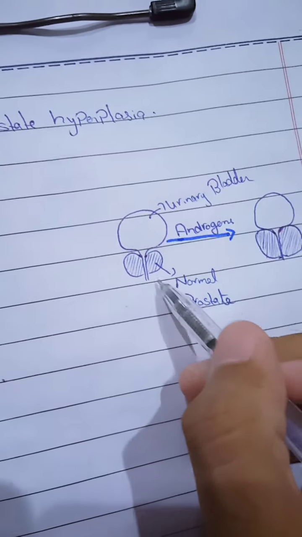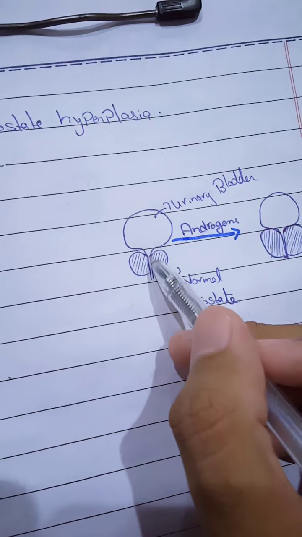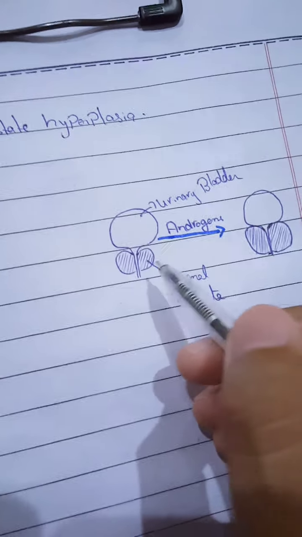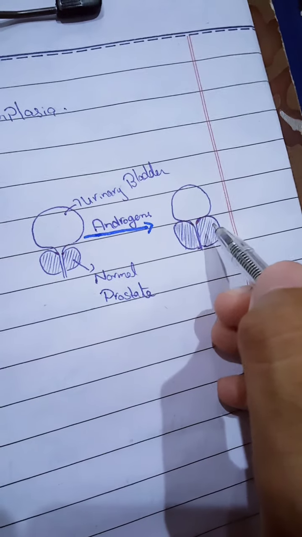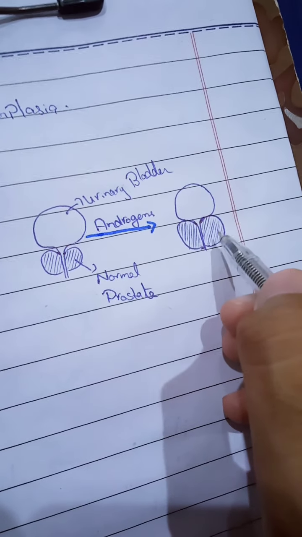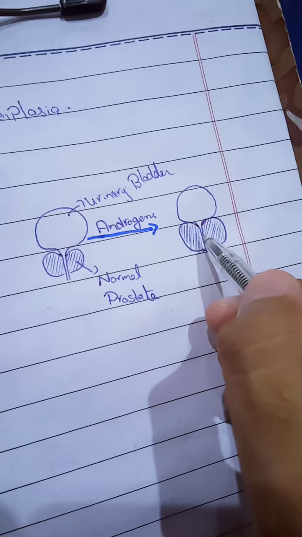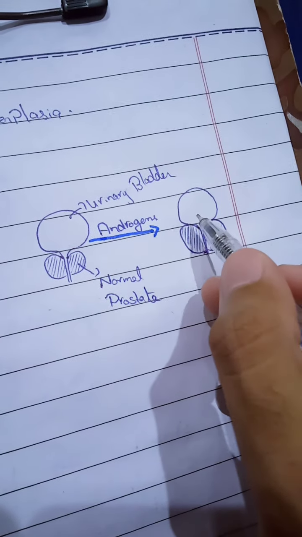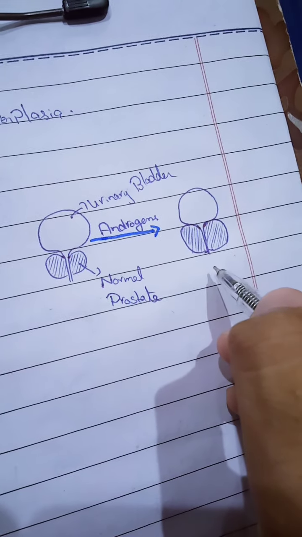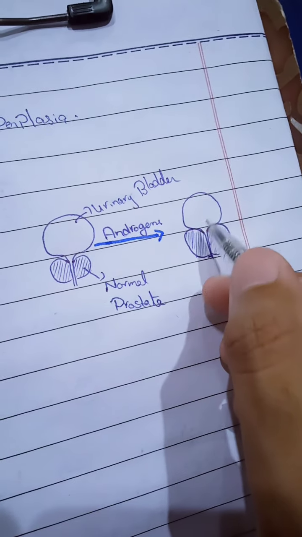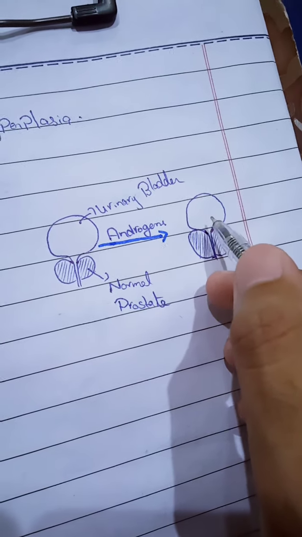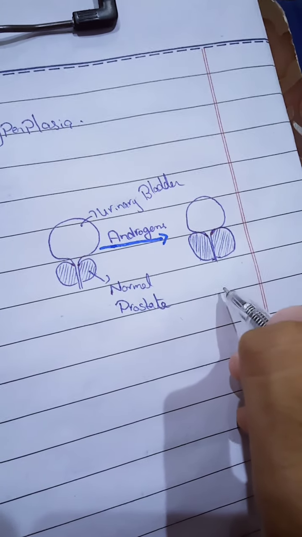So when there is a normal prostate, there is normal flow of urine from the bladder to the urethra. But when there is hyperplasia, you see that there is a very big prostate. So it also blocks the flow of urine which comes from the urinary bladder to the urethra. This is blocked. Urine can't flow from the urinary bladder through the urethra to the outside.